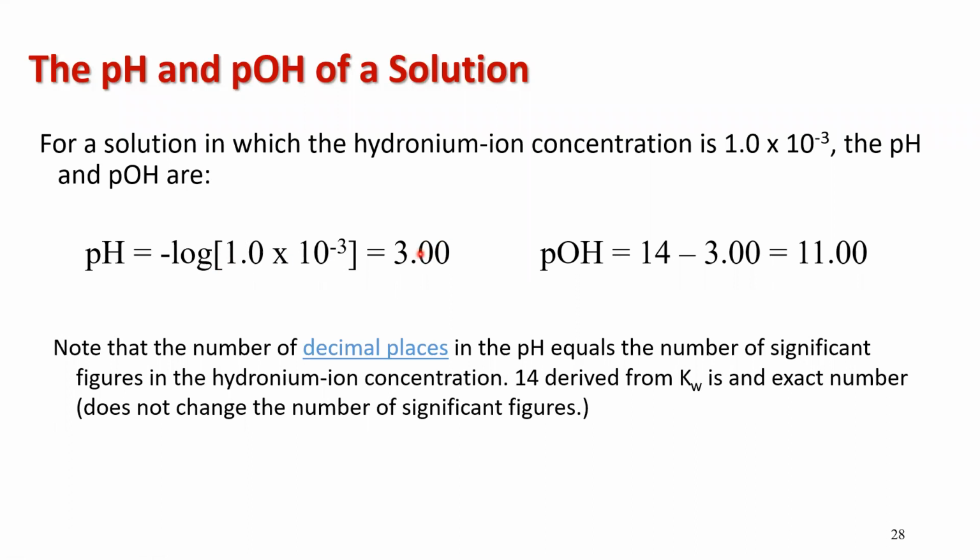Now, when we go to figure out pOH, 14 is an exact number. We're not going to use that to figure out how many significant digits we have in our pOH. But we're going to subtract 3.00 from that. And in subtraction, we always look at how many decimal places we have to decide how many decimals we want in our answer. So since there are 2 decimals in our pH, we want 2 decimals in our pOH.